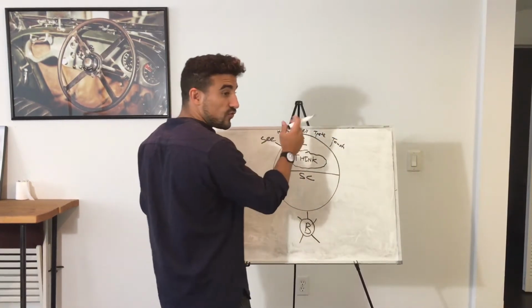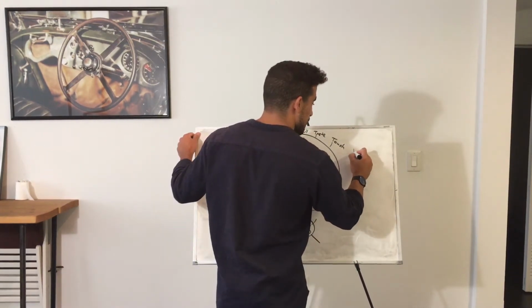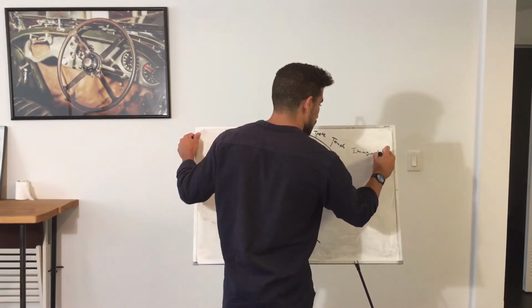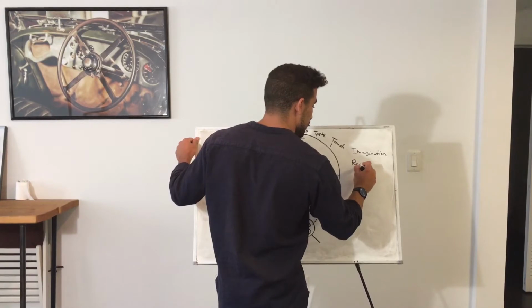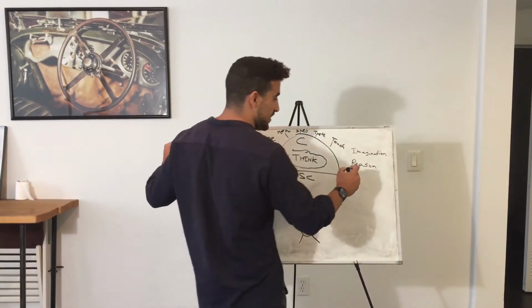But we also have in the conscious mind our mental muscles, our imagination, that's one, our reasoning, so reason, we have the ability to think, accept or reject an idea.